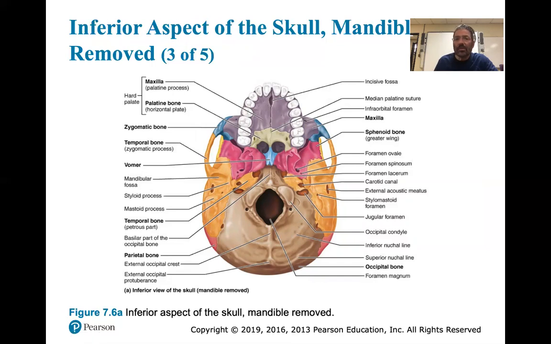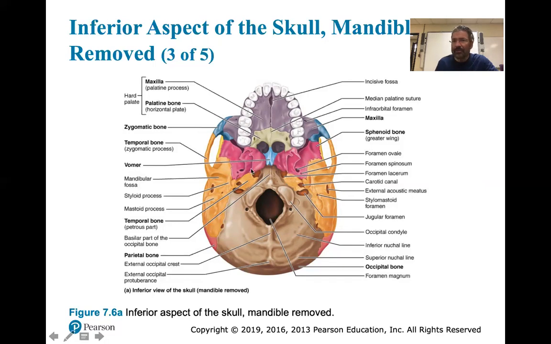And then as you're going through here, think about the nerves going through here. If you've ever been to the dentist, they're open wide and they stab a needle in there and they numb these nerves. And these nerves are what innervate your teeth. So when they do procedures on your teeth, luckily you don't feel it, right? So just start learning some of these holes and orientate yourself and figure out what's going through there, right?